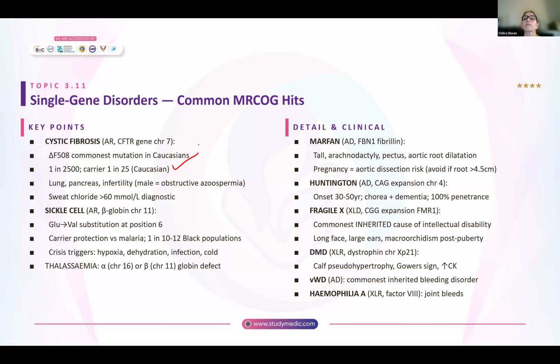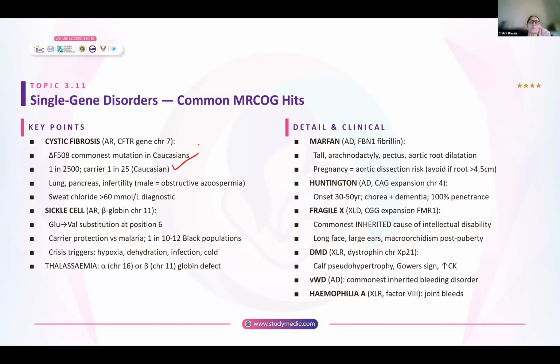Now coming to sickle cell, this is another disorder which is autosomal recessive. There is a defect in the beta globin chain. The defect is on chromosome 11, where the amino acid glutamic acid is replaced by valine at position 6.